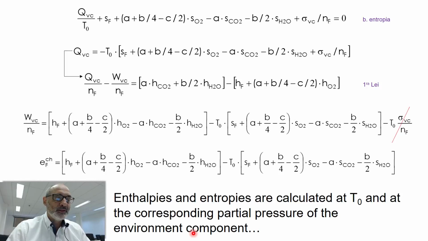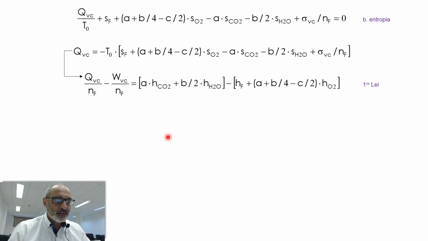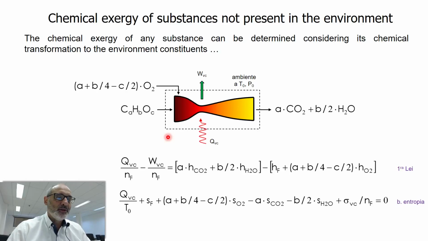But an important observation right now: enthalpies and entropies are calculated at T0 and at the corresponding partial pressure of the environmental component. I'm going back a few slides just to show you the chemical reaction. You have T0, 1 bar. The pressure and temperature are not varying, but since molar components are varying, the corresponding partial pressure will vary.